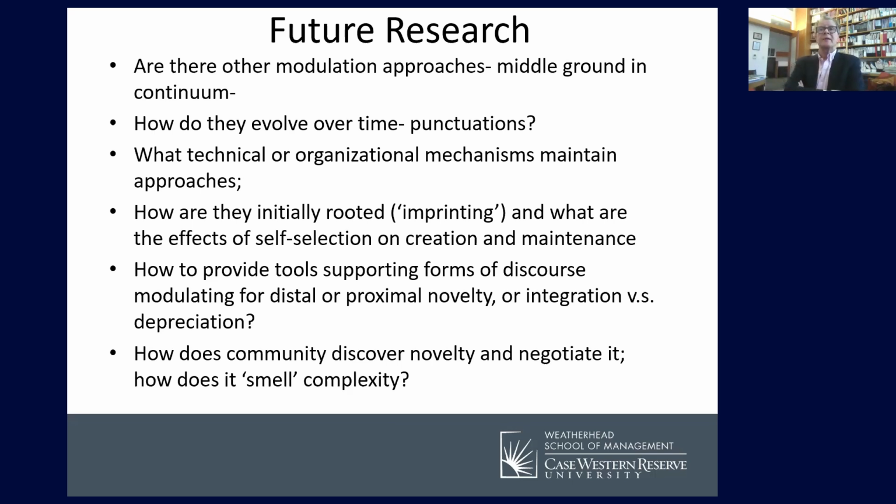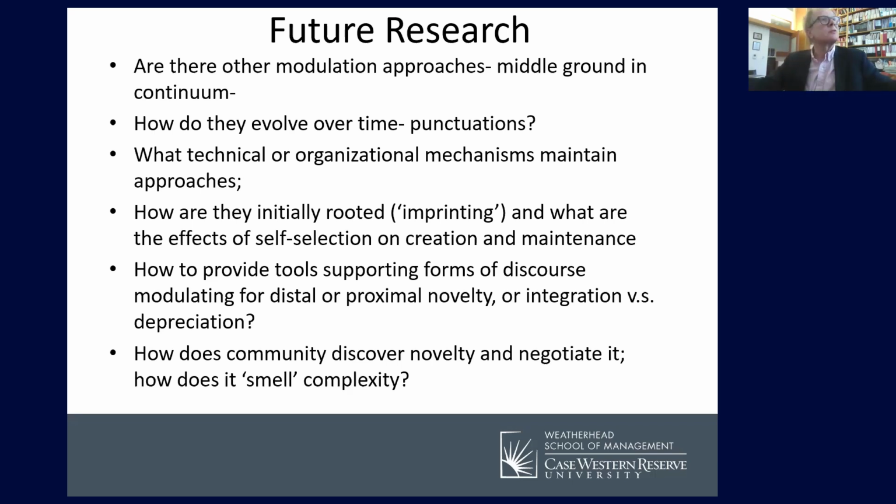There's an interesting aspect of what technical or organizational mechanisms enable or curb the evolution of these approaches. There's also the question of how they are initially rooted. There's a lot of work on imprinting in organization theory. And what are the effects of self-selection? What types of participants come to this place? So people who go to this proximal digital novelty and expressionist approach are probably very different types of programmers than those who come and say that we are serious engineers.